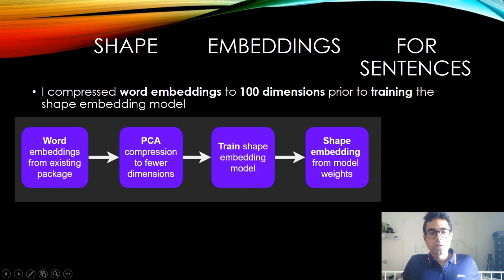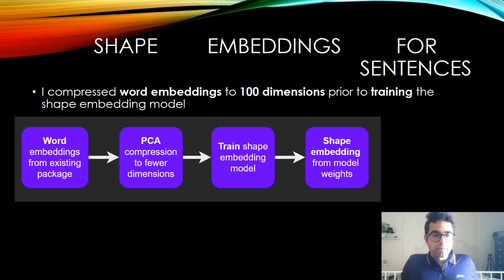The image shows the process that I may have considered to develop these shape embeddings. So I may have considered word embeddings from an existing package. I may then have used PCA to possibly compress the word embeddings to a fewer number of dimensions.